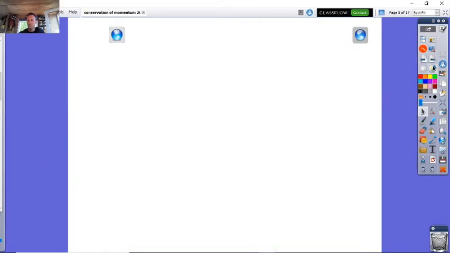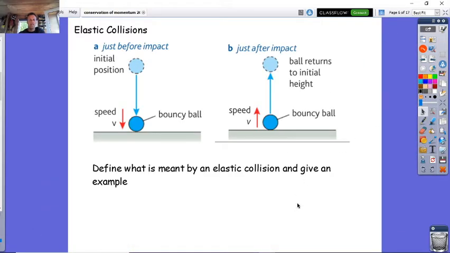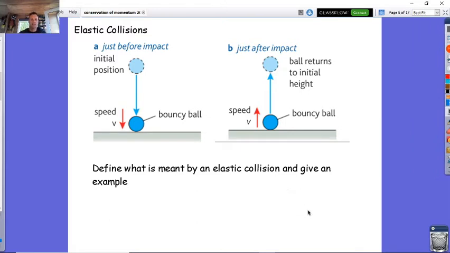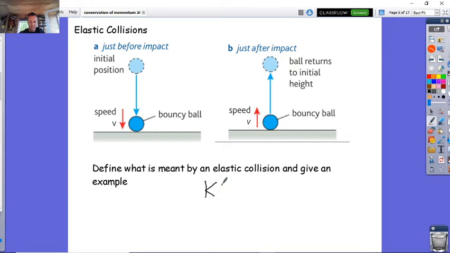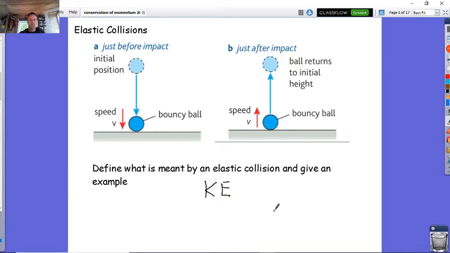Now, to go with that, you need to know about elastic collisions. What I do is think about balls being very elastic, like a bouncy ball that hits the ground and bounces up again. The whole crux behind elastic collisions is that kinetic energy must be conserved.